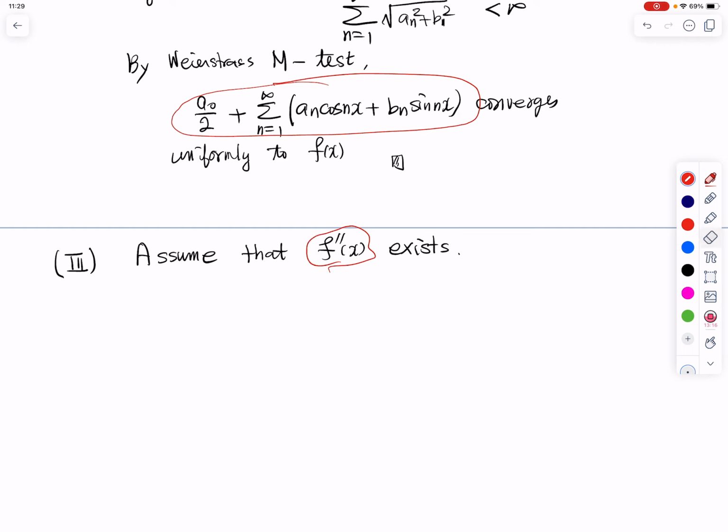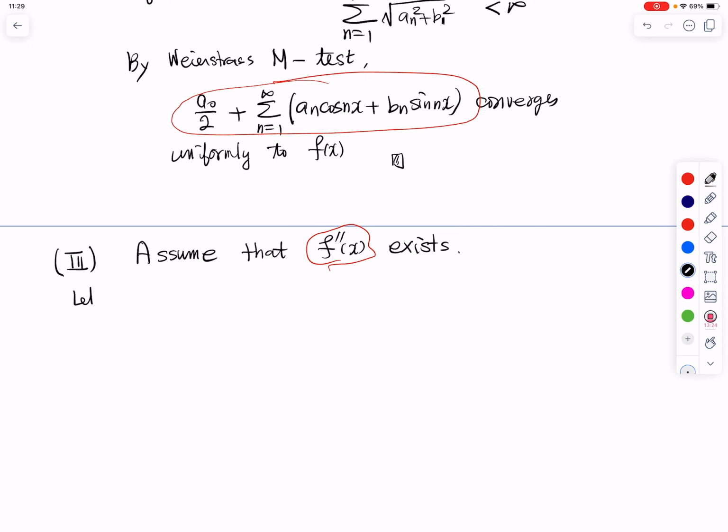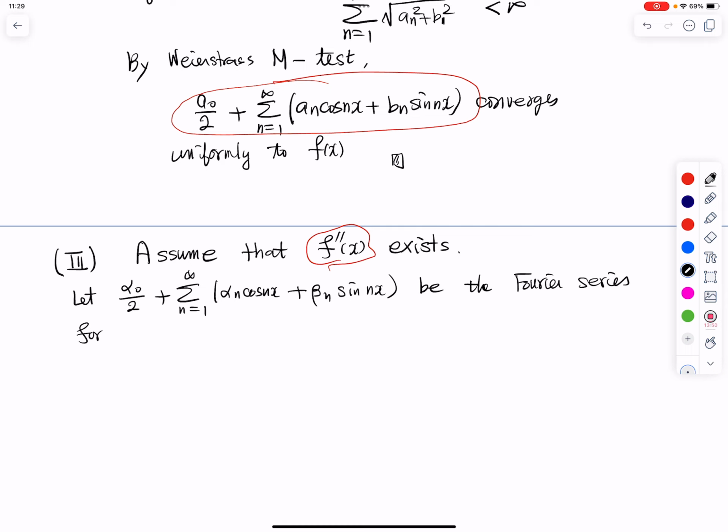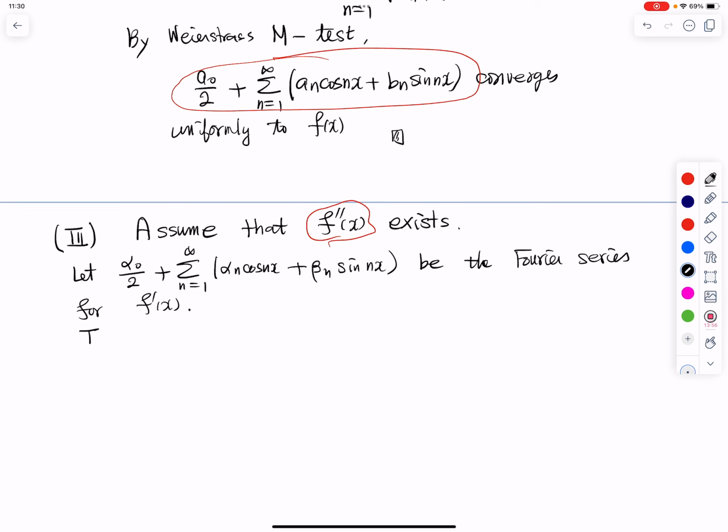We compare the two. Then let a0 over 2 plus the summation n from 1 to infinity of alpha n cosine nx plus beta n sine nx, suppose this is the Fourier series for f prime of x.